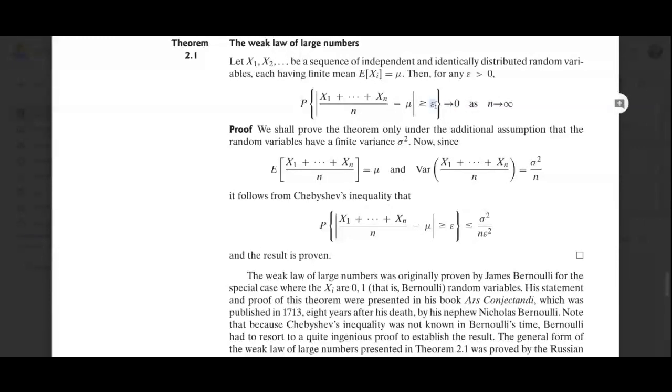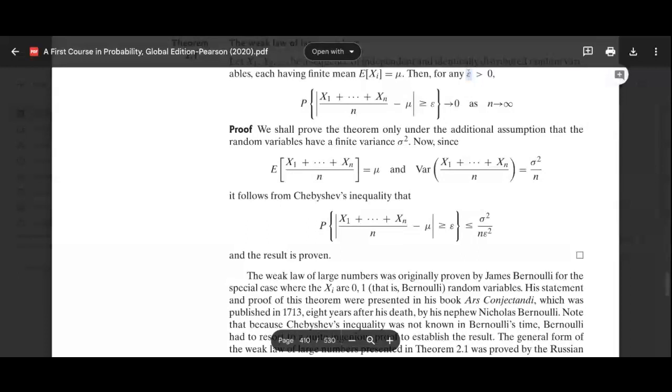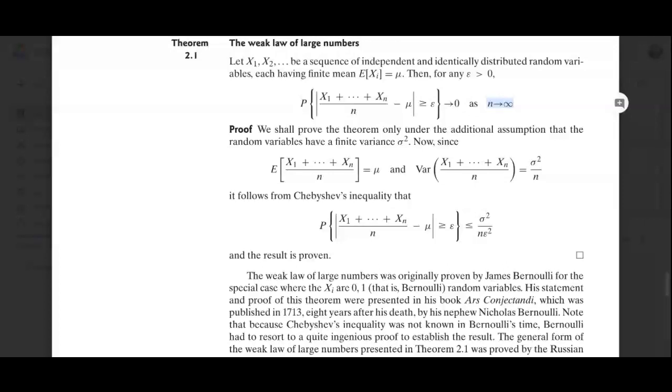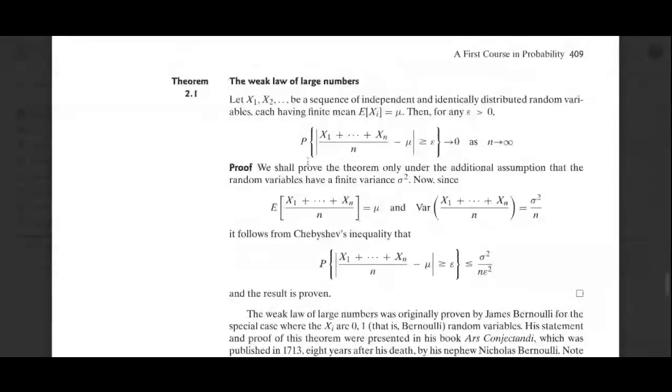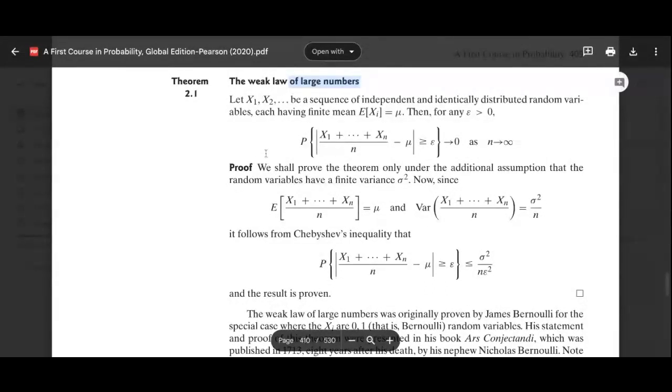This is the law of large numbers, which means that when we have enough data, because the random variable represents the data, as the data set gets big enough, as n goes to infinity, the probability goes to 0. So this is the weak law of large numbers. We use this.